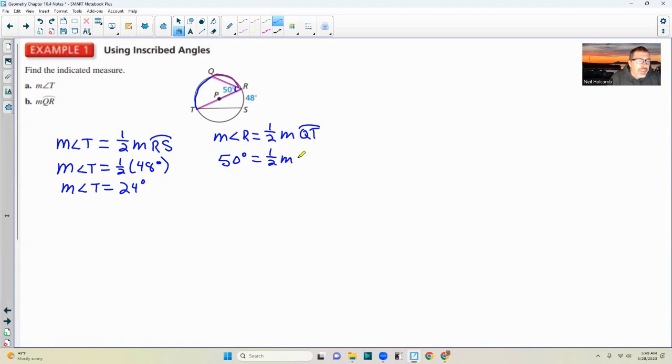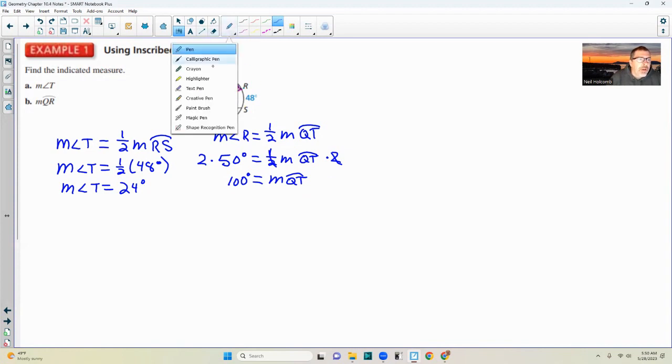So 50 degrees is 1/2 the measure of arc QT. So in order to get rid of this half and find the measure of QT, I would multiply both sides by 2. So this 1/2 and 2 become 1. So the measure of arc QT equals 2 times 50, which is 100 degrees. So this arc right here is 100 degrees.